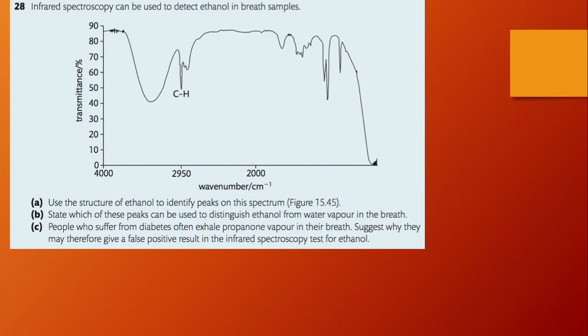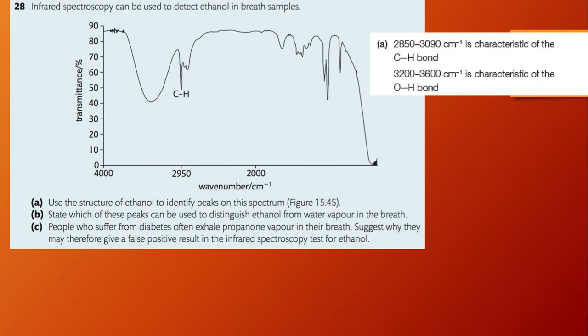Well, one of them is already labeled for you. The other one is the large, very broad peak around 3200. So we have the CH bond, which is already labeled, and then the peak around 3200 to 3600, more specifically, is characteristic of that hydroxyl or the OH bond.